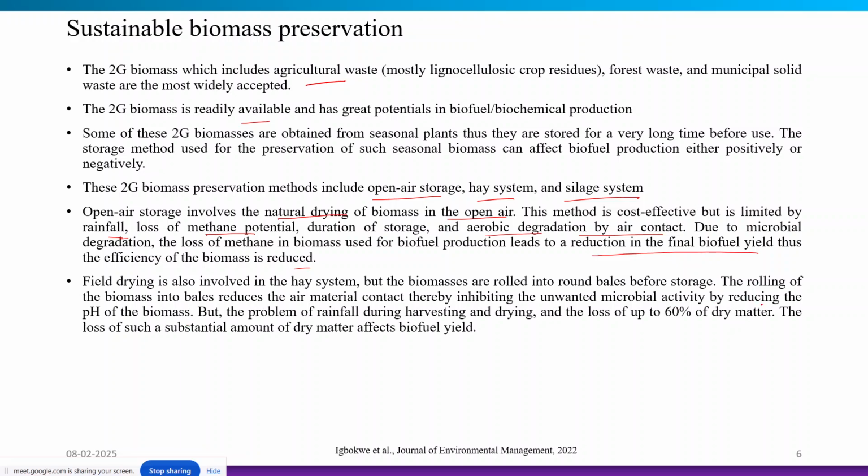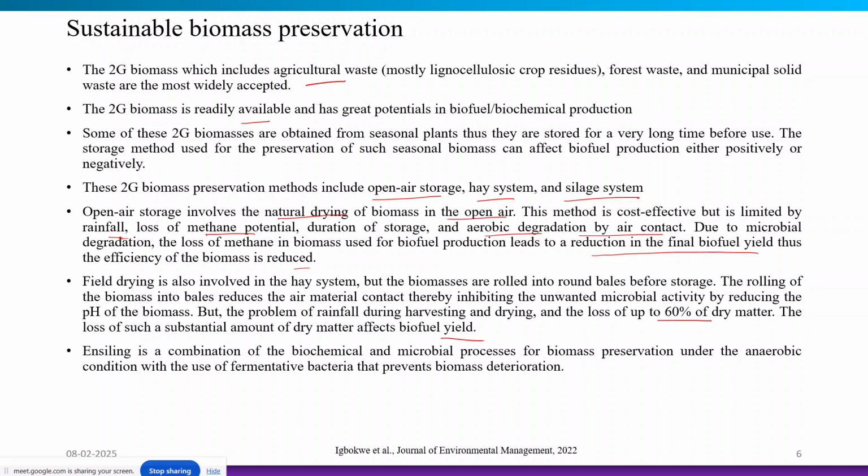When the biomass pH is reduced, that will inhibit the microbial activity. But again, the problem of rainfall during harvesting or during the field drying condition may lead to 60% loss of the dry matter content, and the loss of this substantial amount of dry matter may affect the biofuel yield in the future production stages.